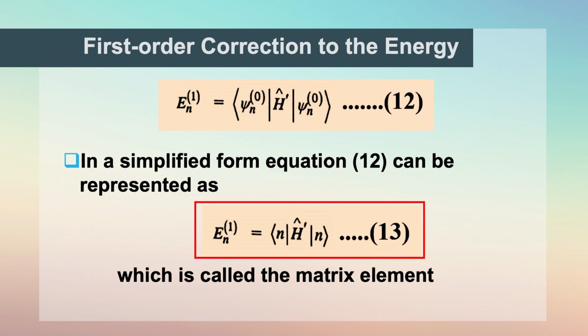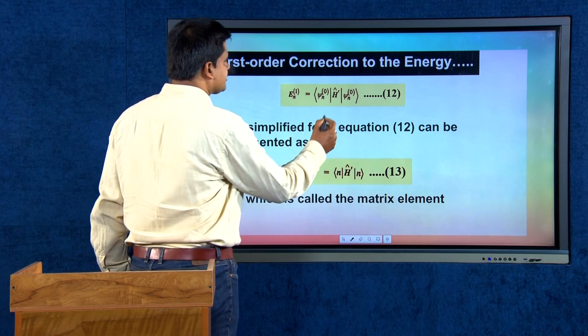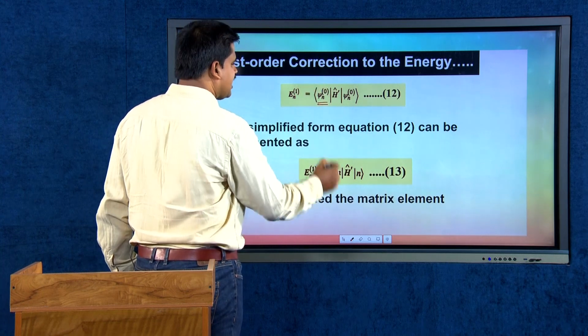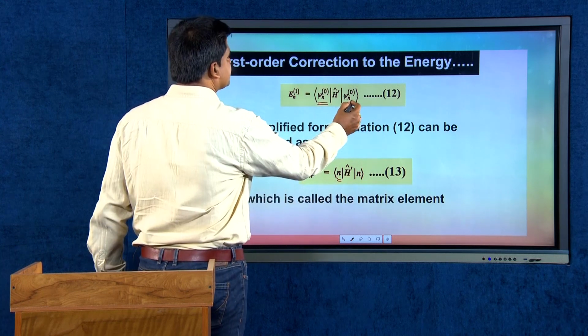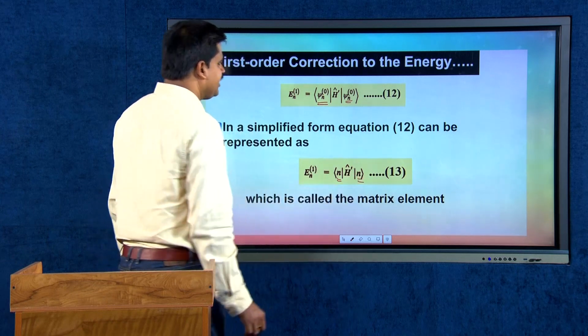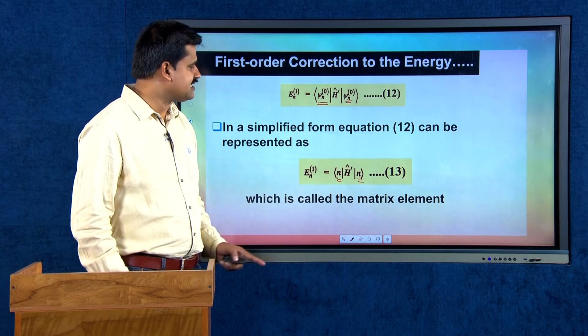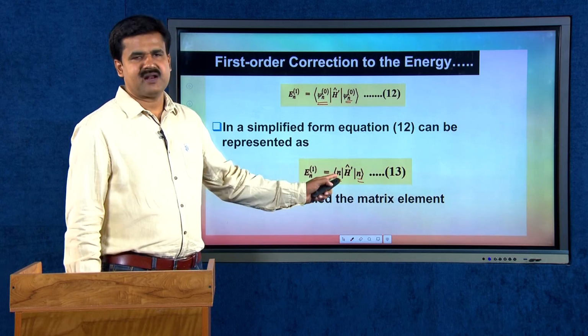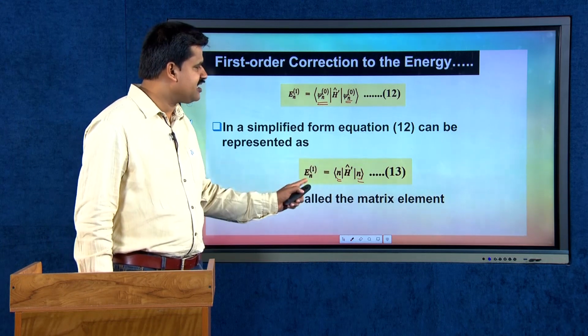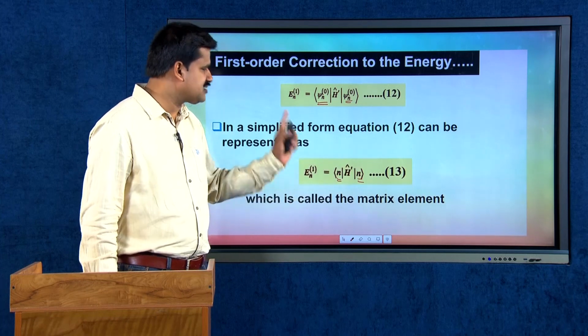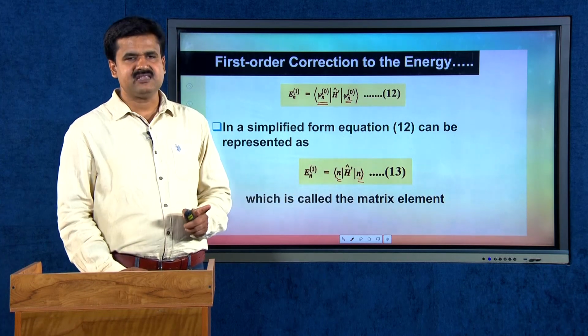So in bracket representation, En1 can also be represented like this. I am making a small change. Instead of psi n0 star, I put just n. Instead of psi n0, here also I put n. Therefore, En1 is equal to bra n, modulus h hat dash, ket n. Most simply, En1 can be represented like this.